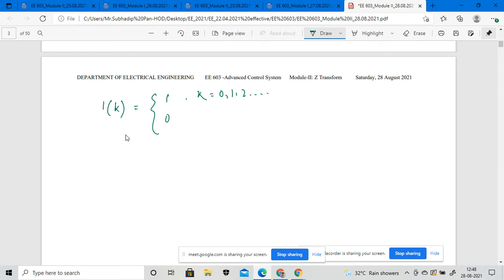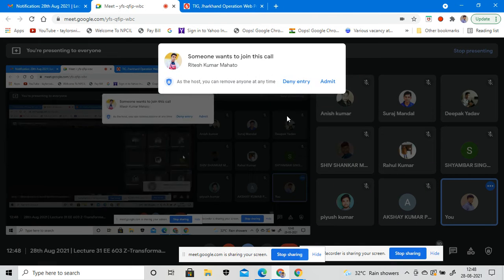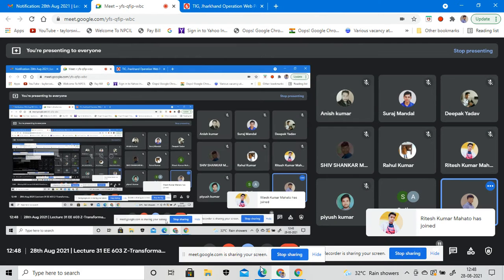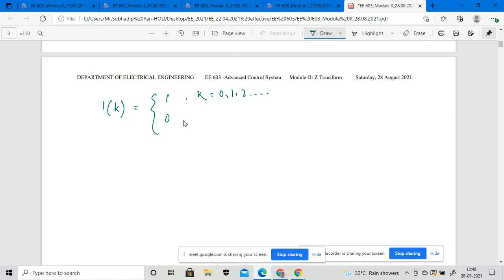And whenever the value of 1 of k is equal to 0, that is for the values of k less than 0, right? Then this particular equation will be known as a unit step function, which is commonly called a unit step sequence.